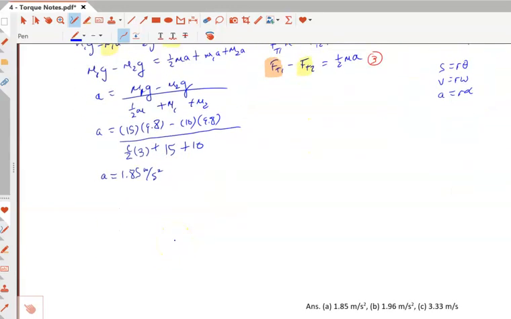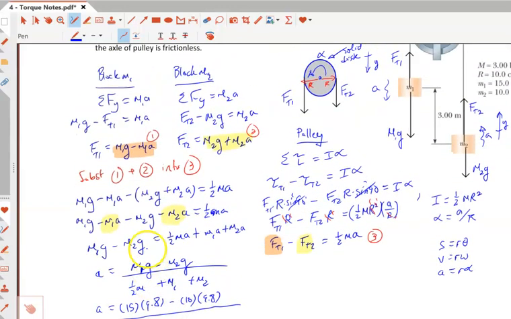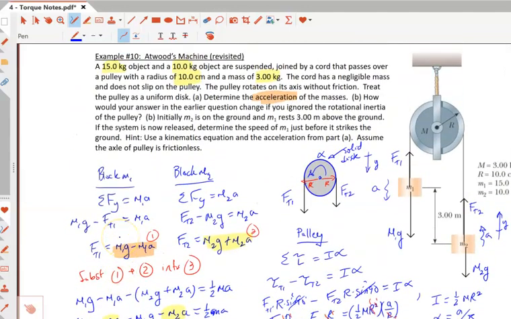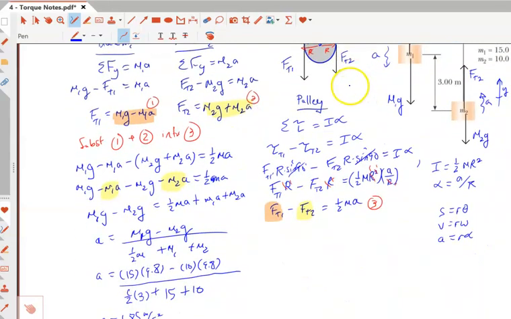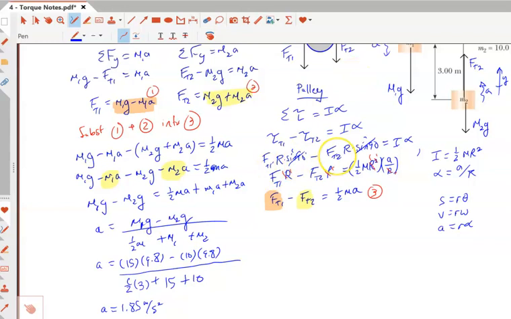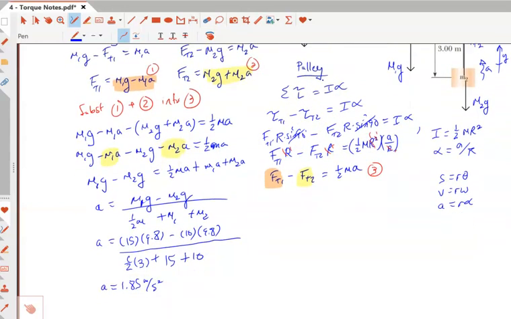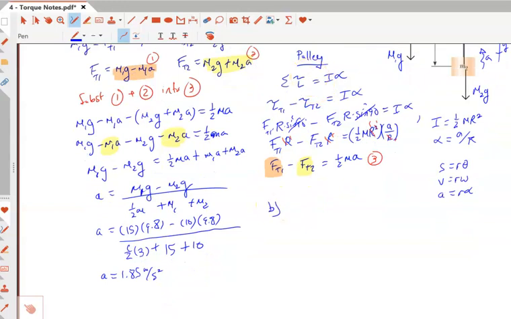Yep, good. So now, last piece in question B is how would your answer change if you ignored the rotational inertia of the object? Well, essentially what will happen is T1 and T2 will be equal to each other on each side. But I think the easiest way to answer that is just say, if m was 0, then this whole right side essentially would be 0.